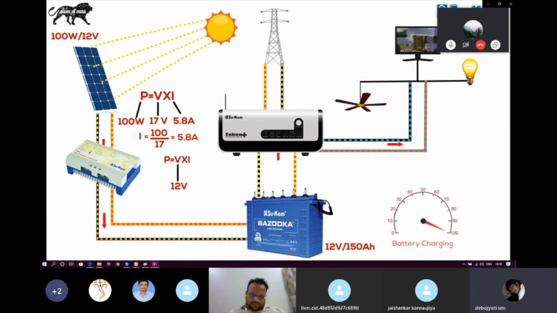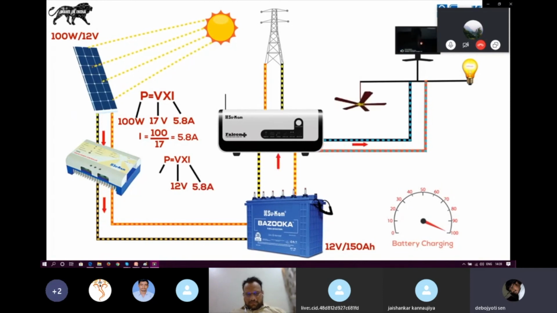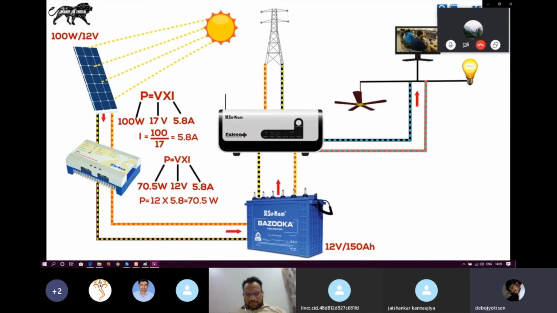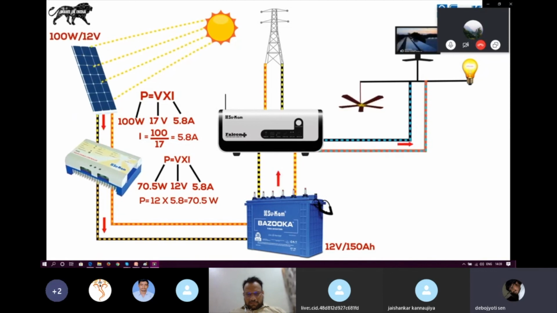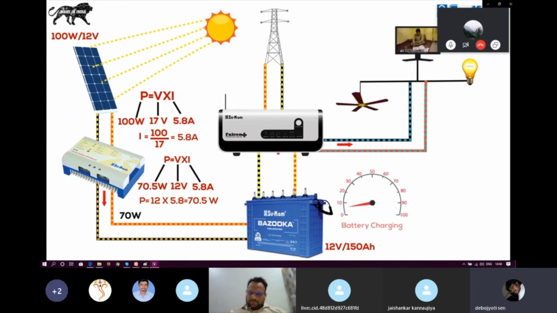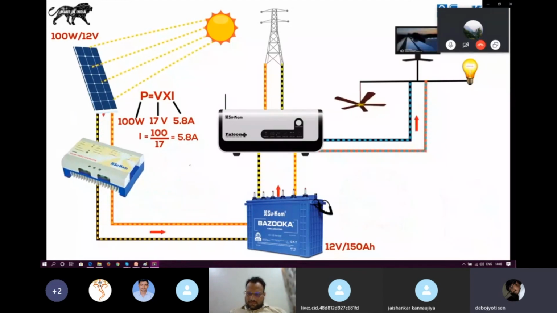Now, in this case, if the voltage decreases, what will happen? The current would remain the same. So you can see the power would come down to 70 watt. So a 100 watt panel is giving you 70 watt, taking much more time to charge a battery than it should, and 30 watt is a wastage.